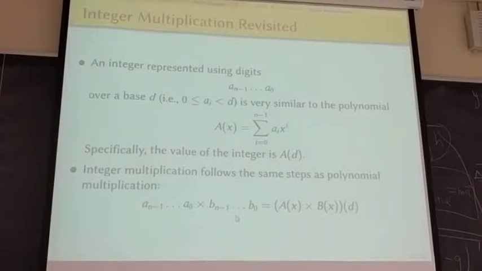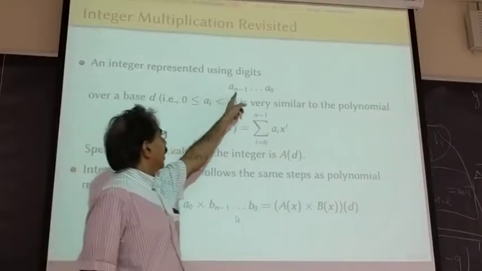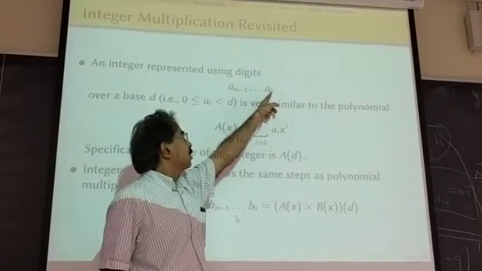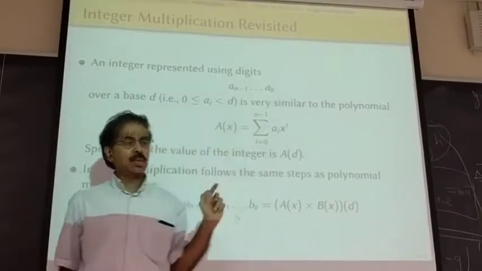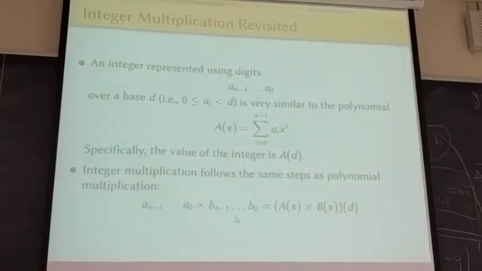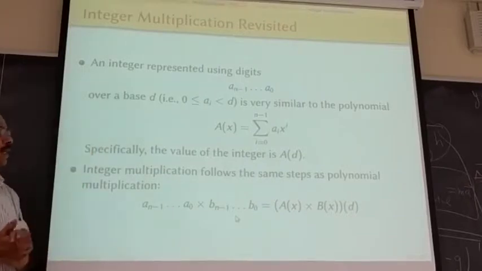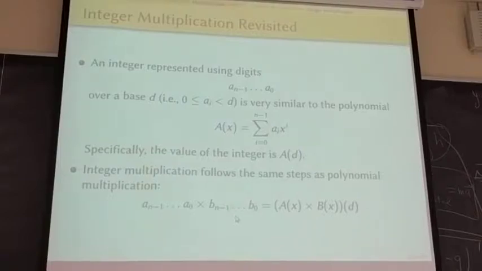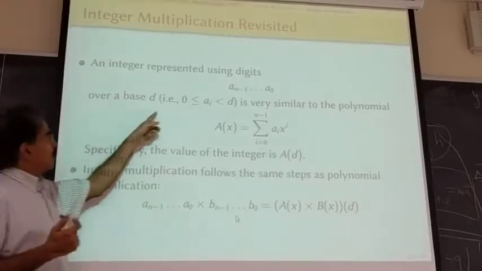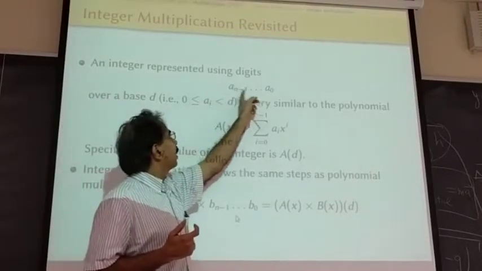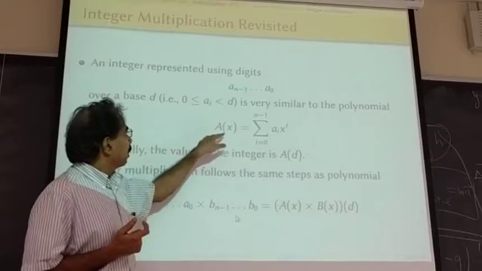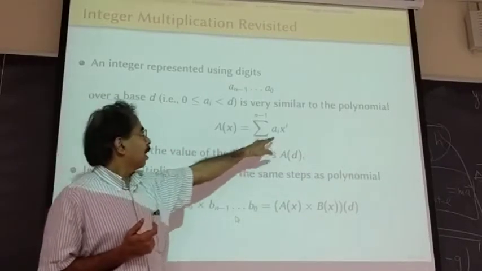When you have an integer represented using digits a(n minus 1) through a0, where a0 is the least significant digit, and a(n minus 1) is the most significant digit, and this is over a base t, where base could be 2 for binary number system and 10 for decimal number system, a number represented in this way can be viewed as a polynomial of this form.